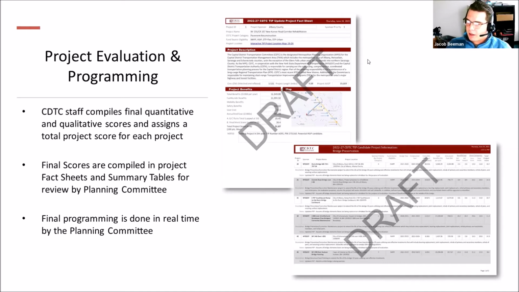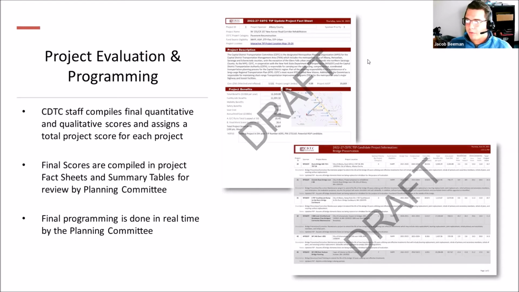And then the second piece is the summary tables. For each project type, we will compile a summary table that has all of the projects within that category. That is done to allow everyone to see all the projects that are going to be competing against each other in one place.